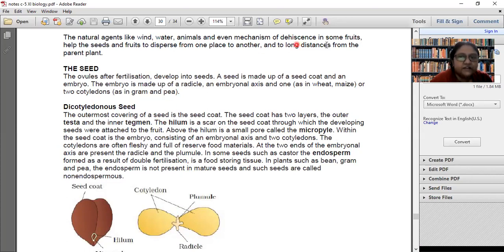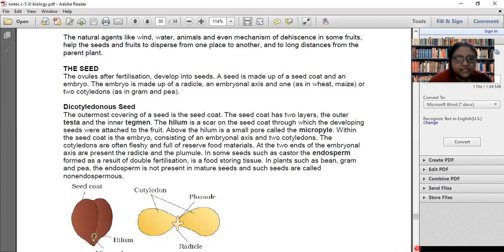Seed is having a covering called seed coat. In the case of a dicot plant, it is having two cotyledons. In the case of a monocot plant, it is having a single cotyledon. So the seed coat and the cotyledons are keeping the embryo at the center.